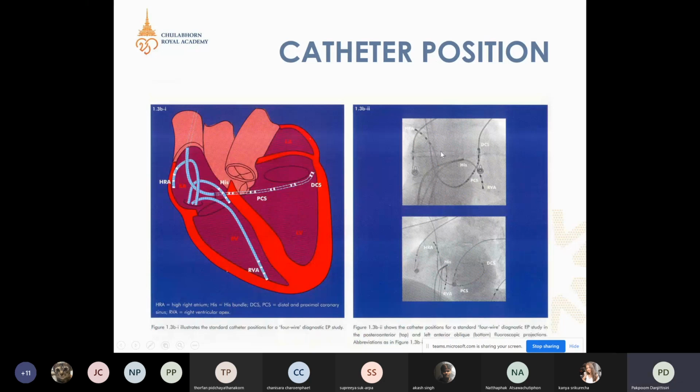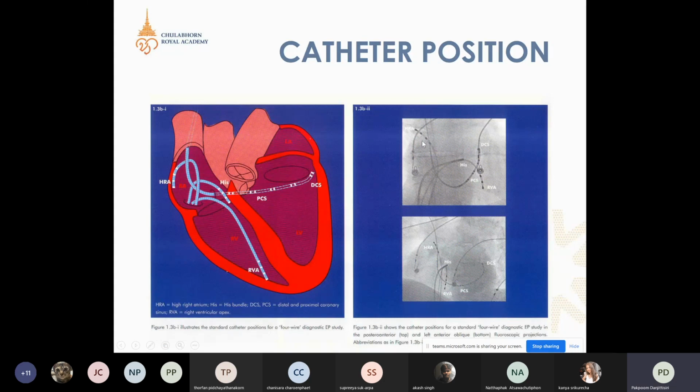The question is how to identify the catheter inside the heart. We just need to identify first here. You already know that the catheter which is placed at the high right atrium will be the high right atrial catheter, right?